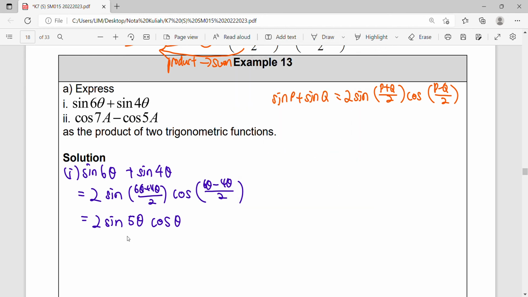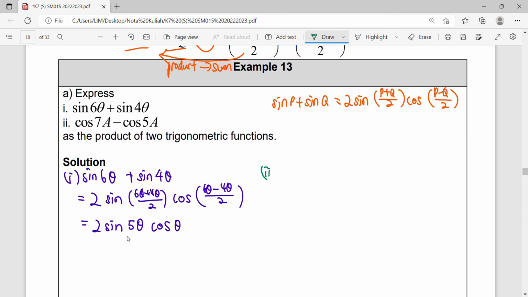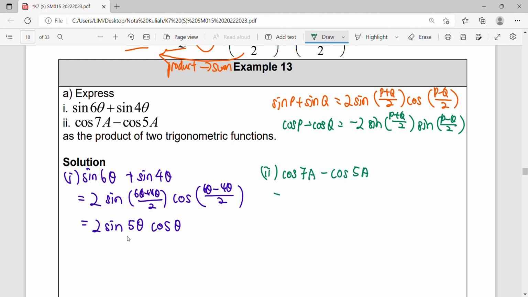So number 2, cos minus cos equals negative 2 sine sine. Theta that comes first, add on, divide by 2, theta after that, minus, divided by 2. So cos 7A minus cos 5A equals negative 2 sine and sine. To find this theta, it will be added up, divided by 2.